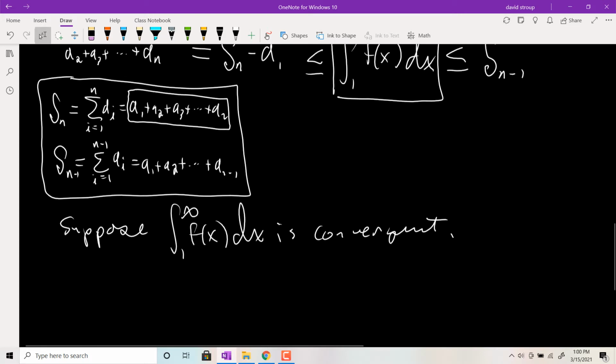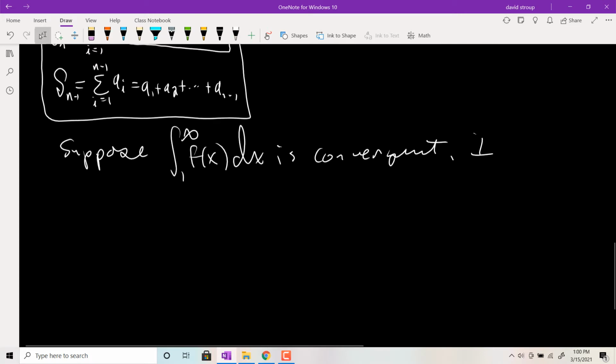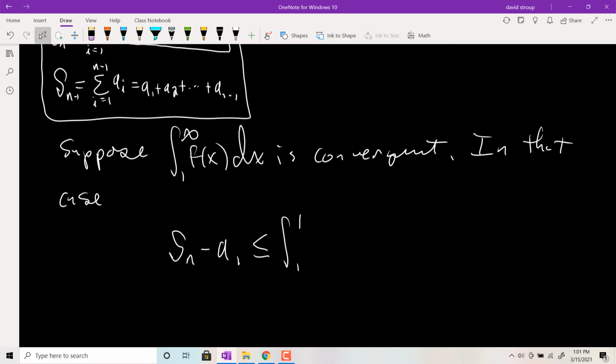Okay. In that case, it will have S sub n bounded above. In that case, S sub n minus a sub 1 will be less than or equal to some number. If this thing is convergent, we know it equals something.